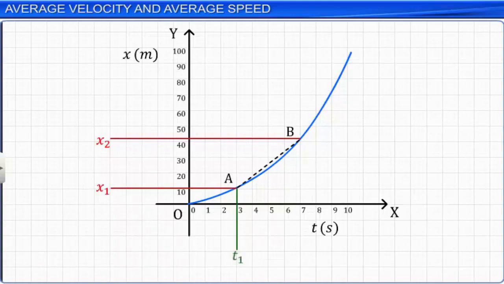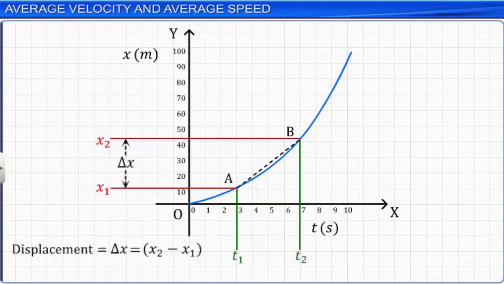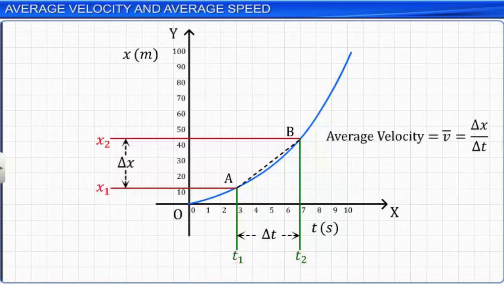The displacement delta x is the difference between x2 and x1. The time interval delta t is the difference between t2 and t1. The average velocity is the ratio of the change in position or displacement delta x and the time interval delta t in which the displacement occurs.